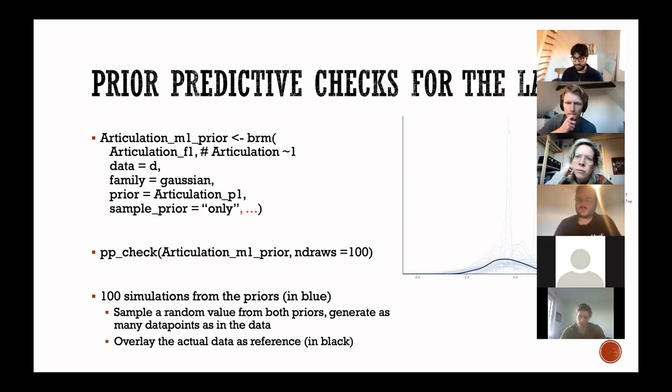When we do pp_check, we take 100 of these pairs because they might be correlated. So we don't sample independently, we sample in the joint parameter space. If you want to think of it in the traditional framework, you have a distribution of the mean and a distribution of sigma, and you randomly sample from each. Then, in this case, we have 48 data points, so from the new distribution with the sampled mean and sampled sigma, you sample 48 values.